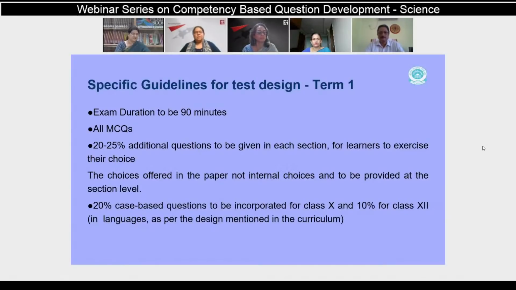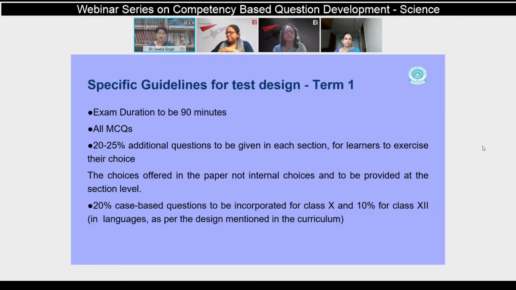Now for term 1, the exam duration, as I've already said, is 90 minutes. Additional time in the range of 15 to 20 minutes would be provided for each subject so that the students have ample time to read through the question paper. It will be a totally MCQ-based assessment. 20 to 25% additional questions would be there in each section for learners to exercise their choice. Now, these will not be internal choices.